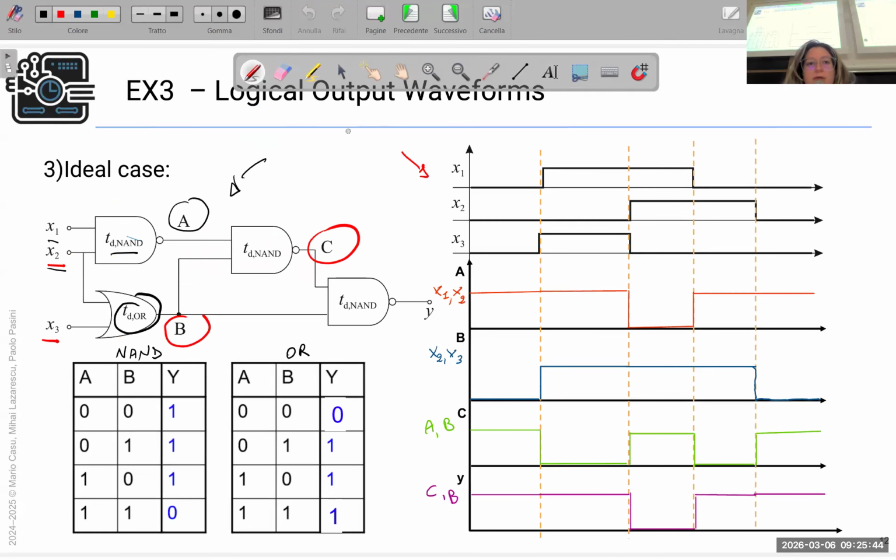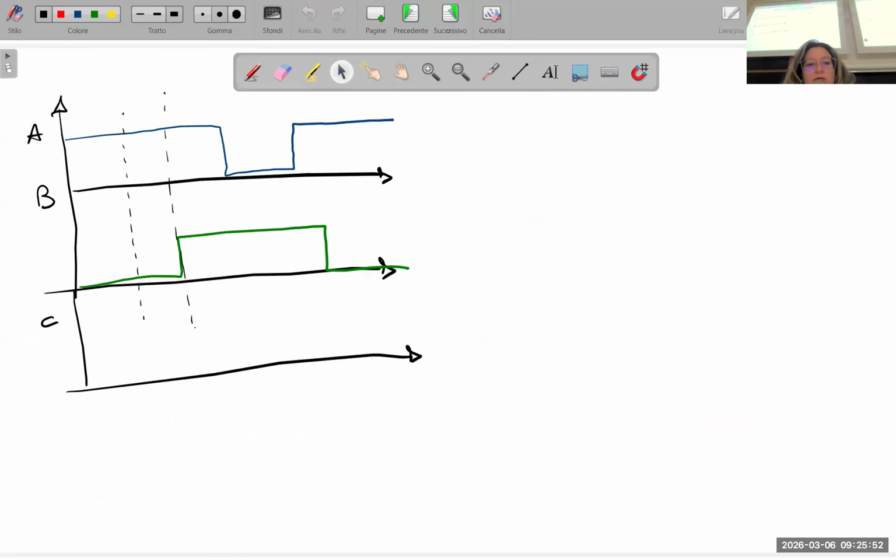If I can copy and paste, I would like to. Of course not. So let's assume just to understand this, and then we will see in this case. Here there is another NAND. So we have again always 1 and then 0.